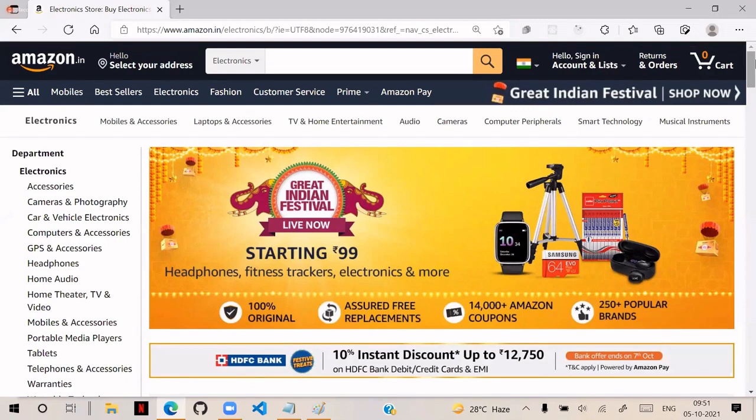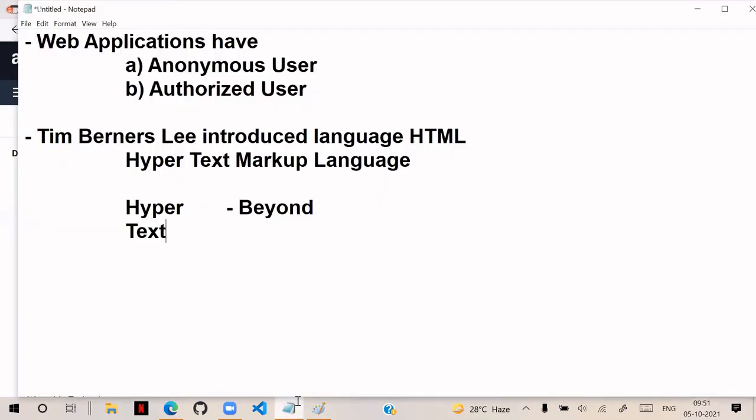Hypertext means text that is not just what you see; it contains a lot of content beyond it. On the internet, everything on the web is designed using hypertext. Hypertext shows you the content, but it is not only the content you are watching. So much is there beyond it.